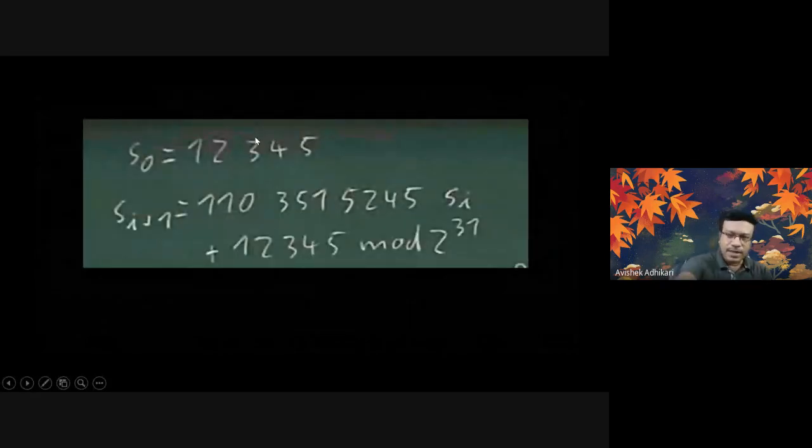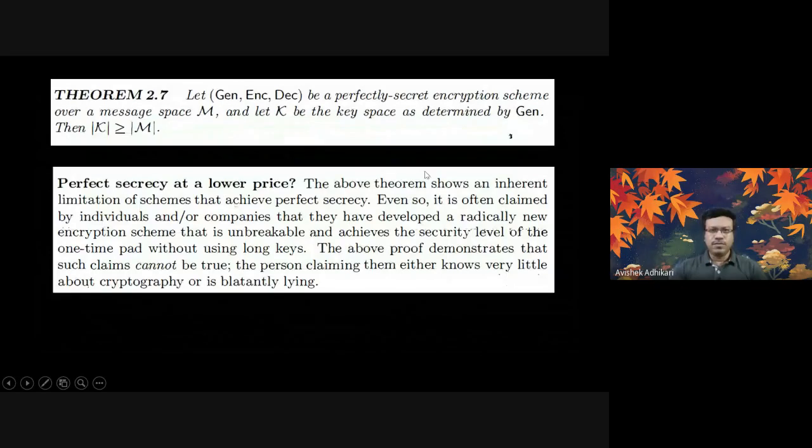It says that for any encryption scheme with Gen, Enc and Dec that is a perfectly secret encryption scheme over a message space M, let K be the key space as determined by Gen, then the size of the key space must be greater than or equal to the size of the message space.